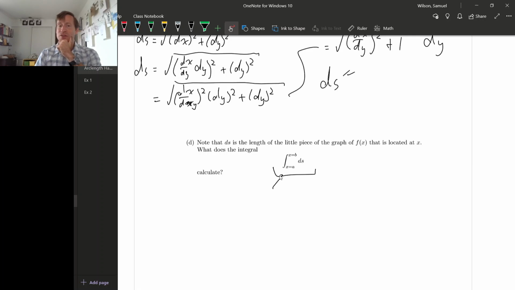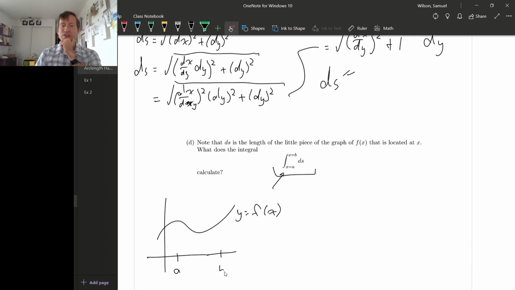Well, remember, a definite integral, if we have some function, y is a function of x here, and we're going from an x value called a up to an x value called b, ds is a little bit of arc length. So at every point along here, we have a little bit of arc length called ds. And how long this little bit of arc length is really depends on where you're at along the graph. So all of these are called ds.